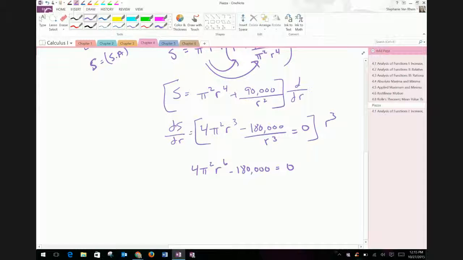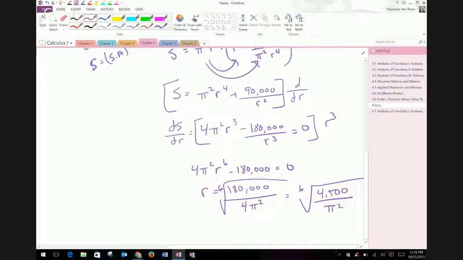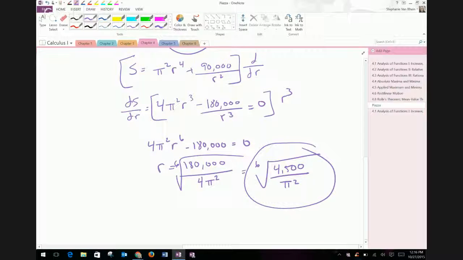So r to the 6th is 180,000 divided by 4 pi squared, and if I take the 6th root of that, that gives me the radius. 180,000 divided by 4 gives me 4,500. So this is the 6th root of 4,500 divided by pi squared. That would give me the radius.